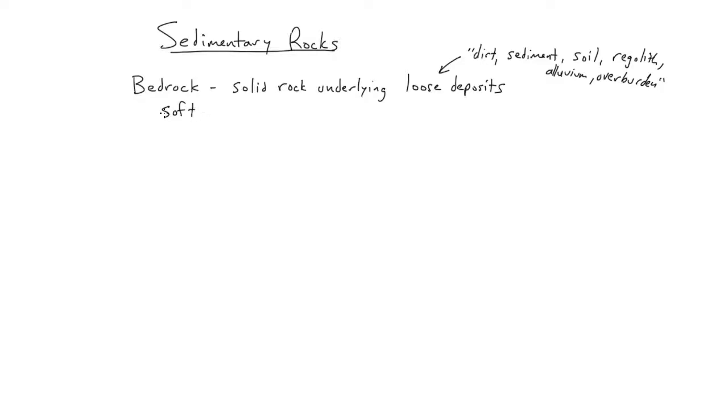So we can divide bedrock into two general categories: soft, which is the sedimentary rocks we're going to be focusing on at first here, and hard. And hard rocks are sort of granites, gneisses.